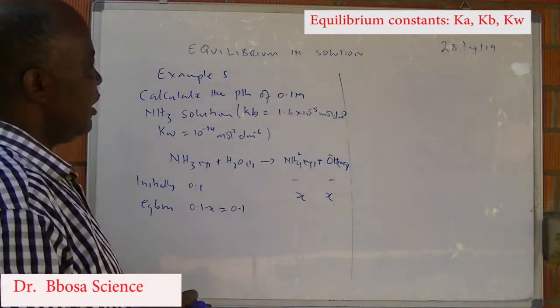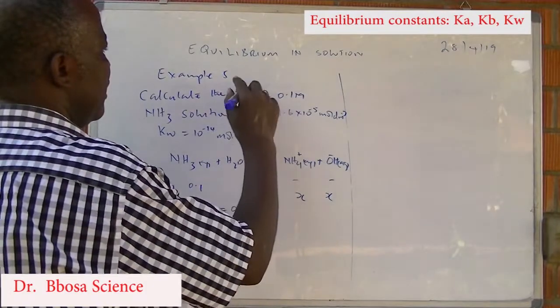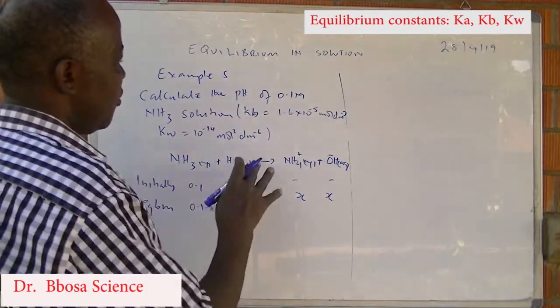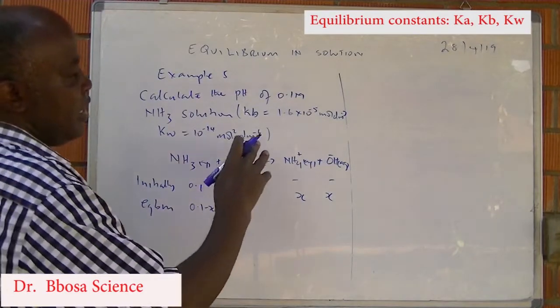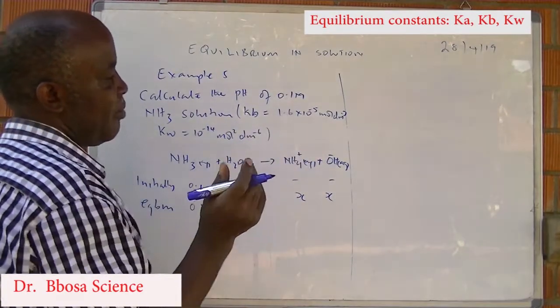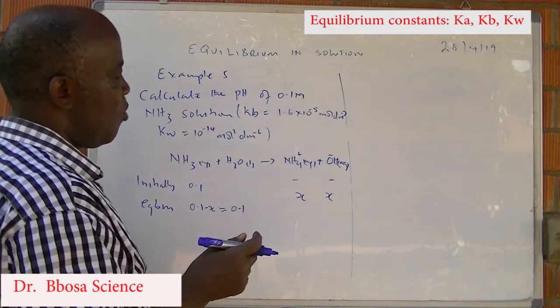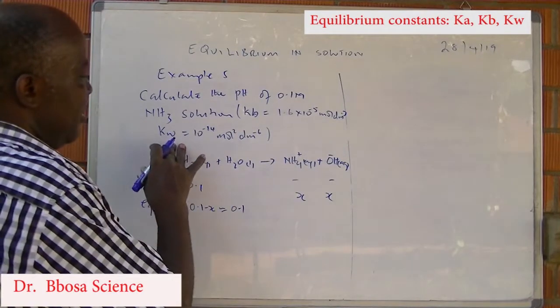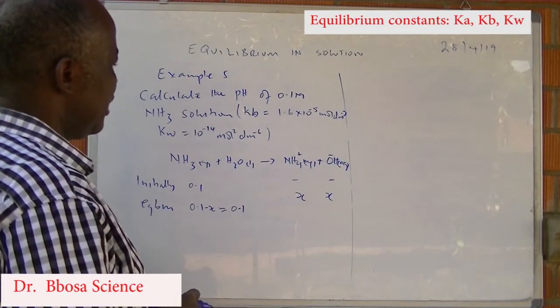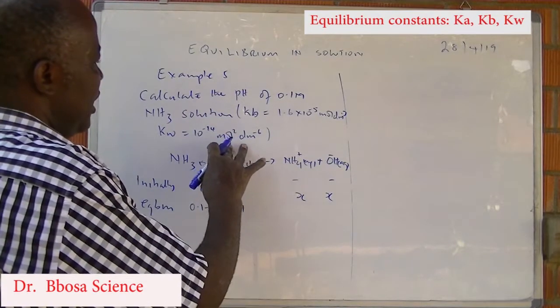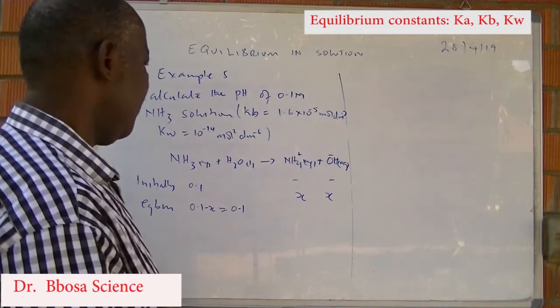Example 5. Calculate the pH of 0.1 molar ammonia solution. Kb is 1.6 times 10 to the power negative 5 moles per decimeter cubed. Kw is equal to 10 to the power negative 14 moles squared per decimeter to the power negative 6.